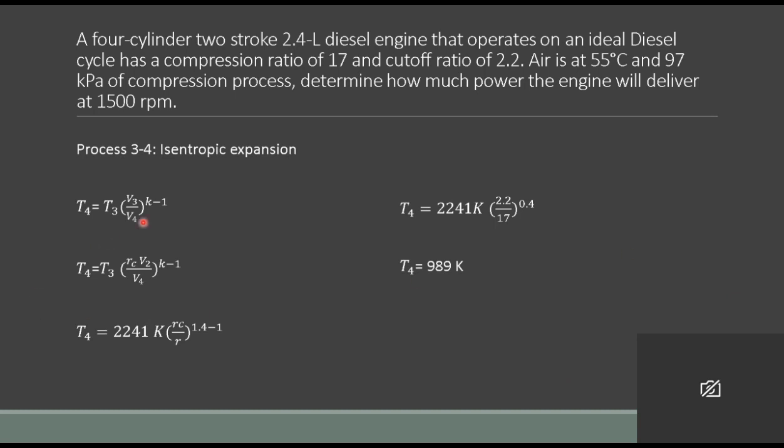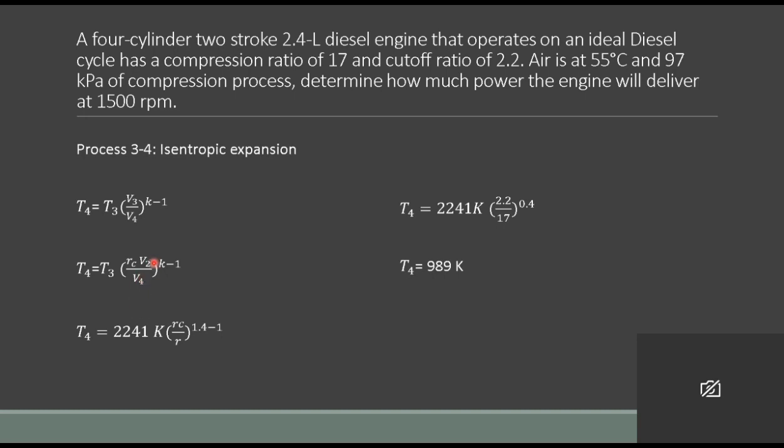Now let's solve for process 3 to 4, the isentropic expansion. The temperature at state 4 is equal to the temperature at state 3 over V4 over V3 raised to k minus 1. V3, the volume at state 3, is the cutoff ratio multiplied by the volume at state 2.